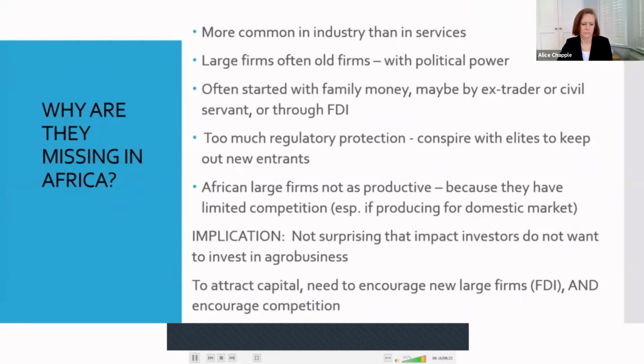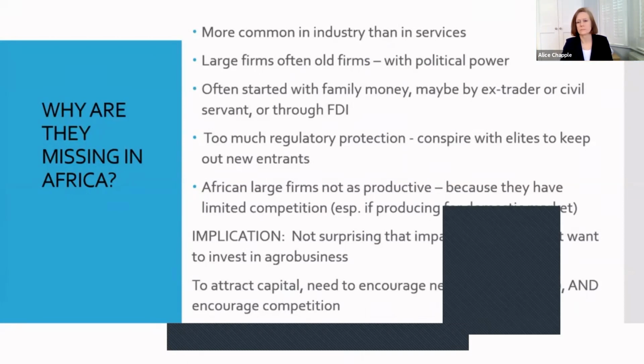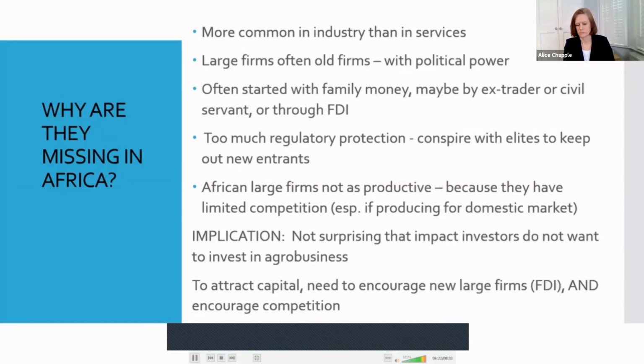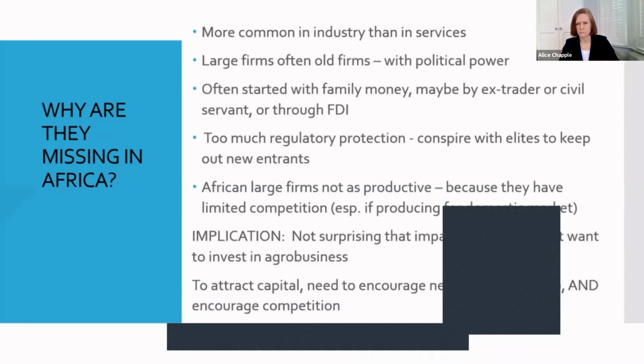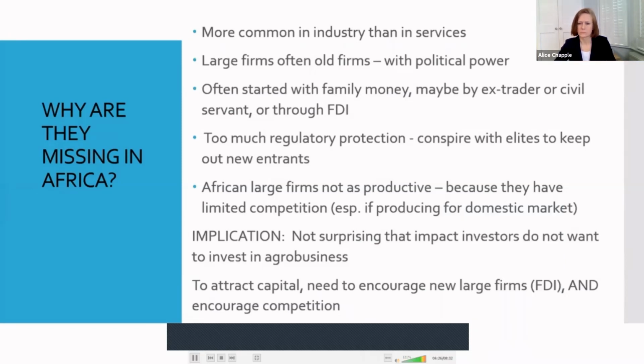And in Africa, what large firms you have, especially in industry, are often old firms with a lot of political power. And so the problem is they have used that political power to get too much regulatory protection. So they conspire with elites to keep out new entrants.